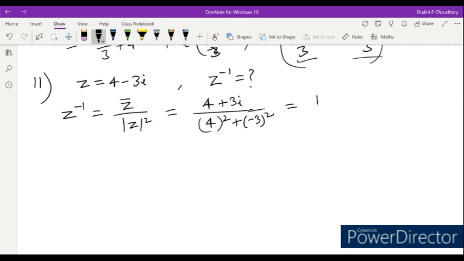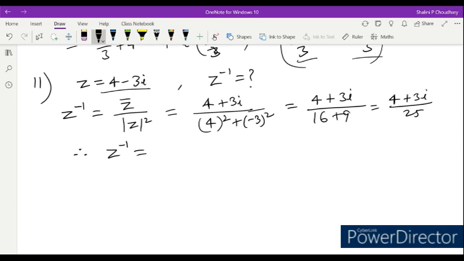So this will be equal to 4 plus 3i divided by 16 plus 9, so 4 plus 3i divided by 25. So what is the value of z inverse? It means multiplicative inverse of this. We can write like this: multiplicative inverse of 4 minus 3i will be equal to 4 upon 25 plus i 3 upon 25.